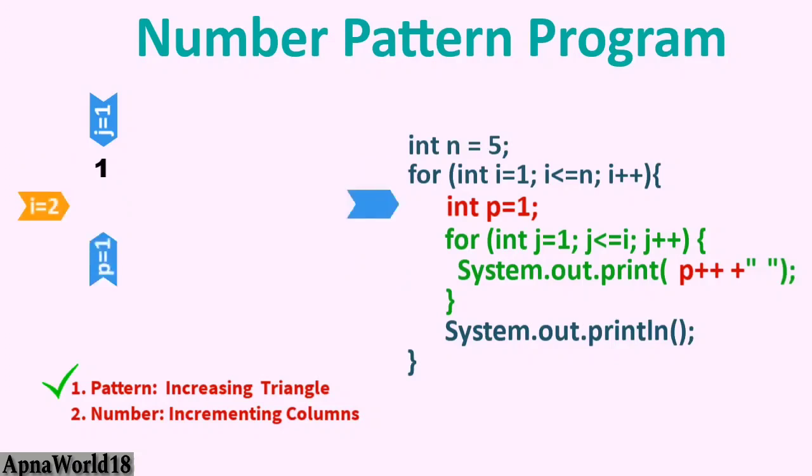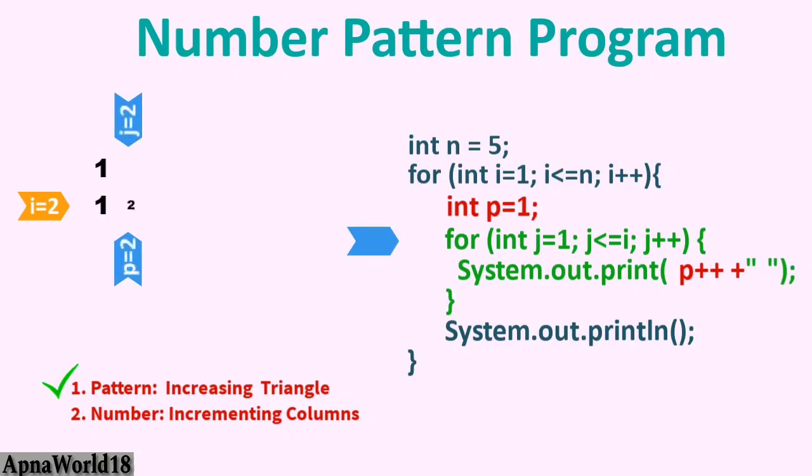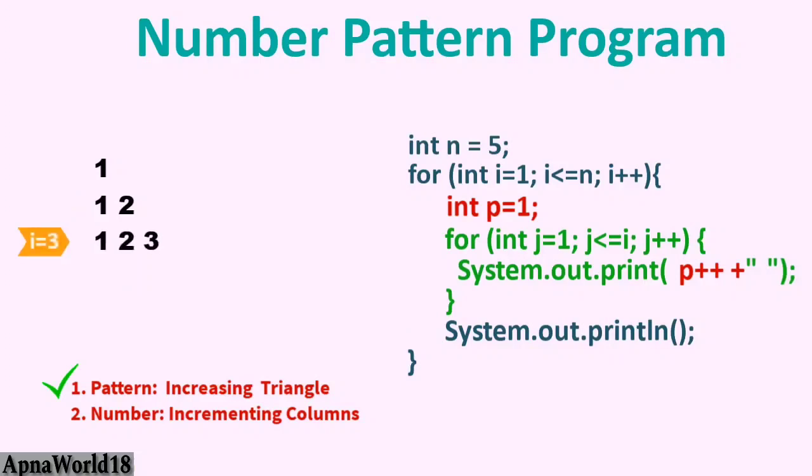It will again initialize p to 1 first and then enter the inner loop. It will first print p, which is 1, p is incremented, and then in the second pass of inner loop it prints 2. It then comes out and executes println. Similarly, in row 3 it prints 1 2 3, and in row 4 it prints 1 2 3 4, and in row 5 it prints 1 2 3 4 5.